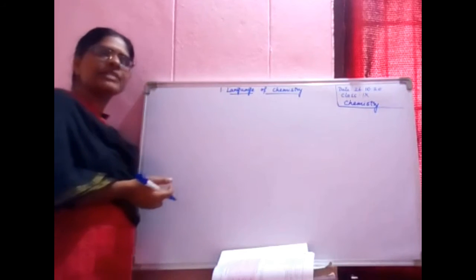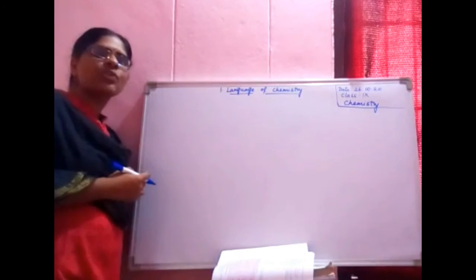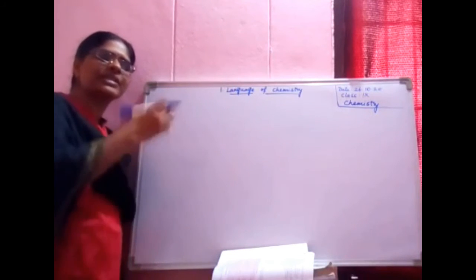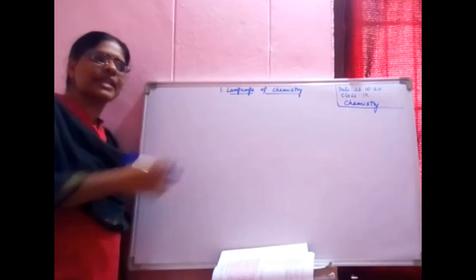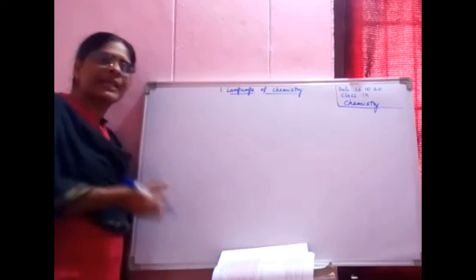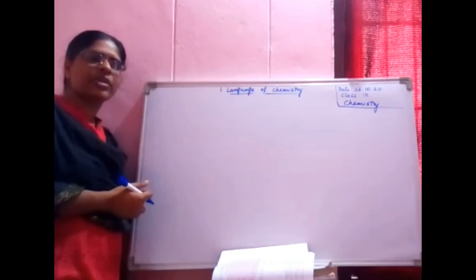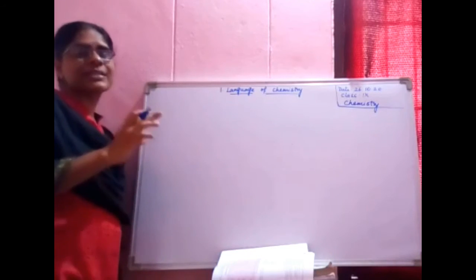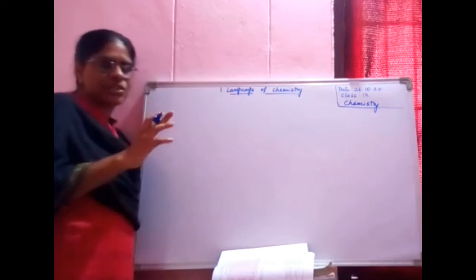Now in these compounds, we need to find out how much percentage of carbon is mixing with oxygen to form carbon dioxide. Okay? In such cases, they have introduced percentage composition.